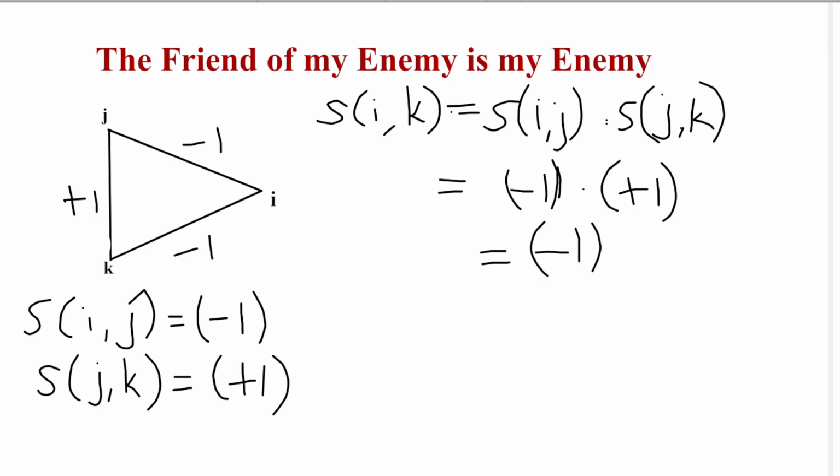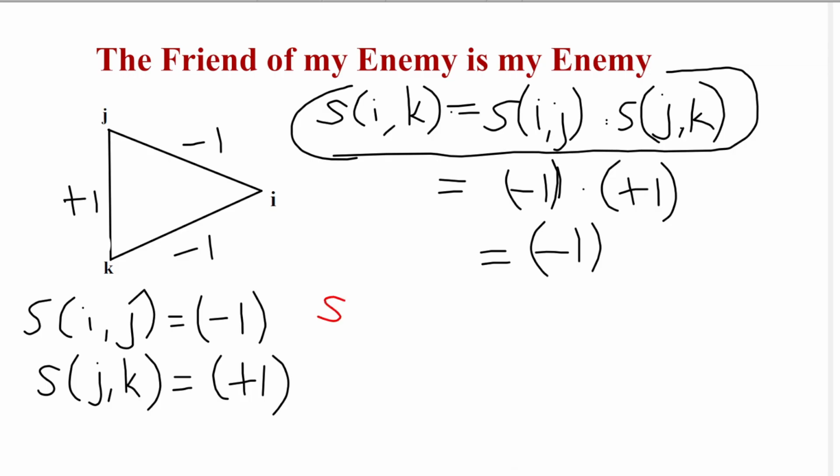So basically, that is how the relationship works. We can simply say that the relationship derived here will be this equation. Maybe I can just write it here, in red: the sign of IK will be equal to the sign of IJ times the sign of JK.